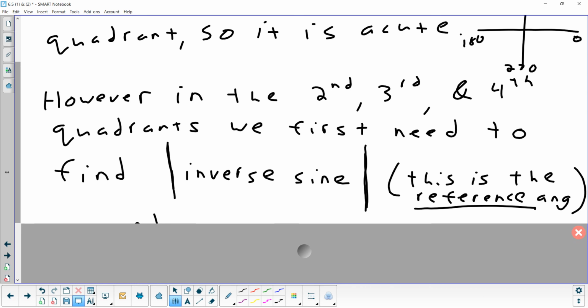And I'll show you how you do that. There's a different formula for each quadrant. But the reference angle is basically the absolute value of the inverse sine. Okay, that's called your reference angle. Basically it measures the distance that your angle is from the x-axis.